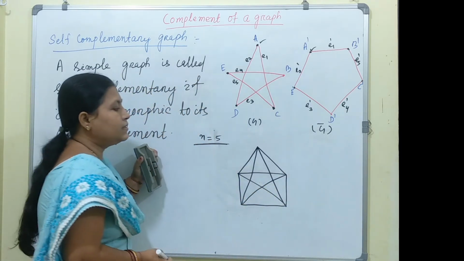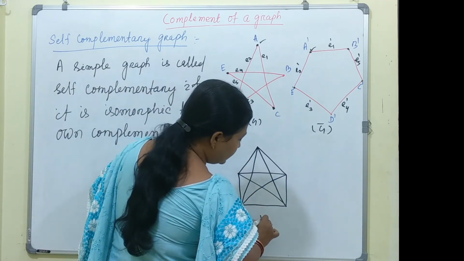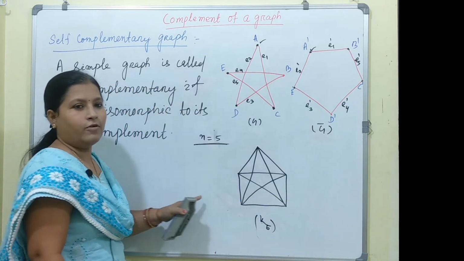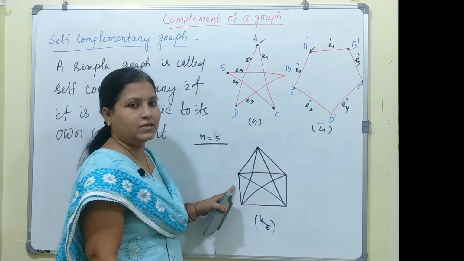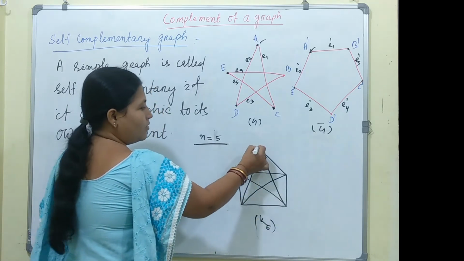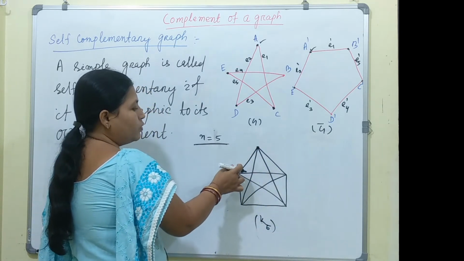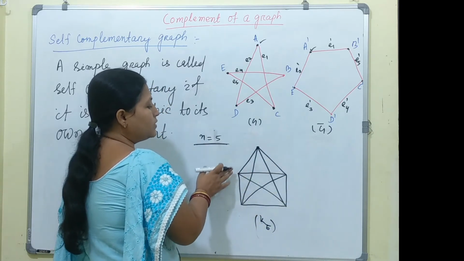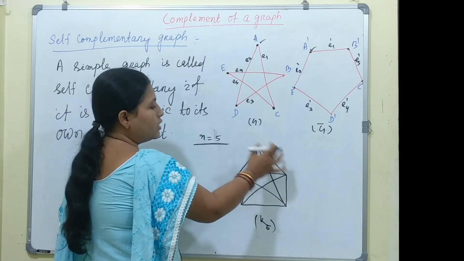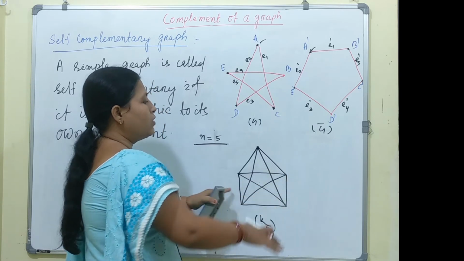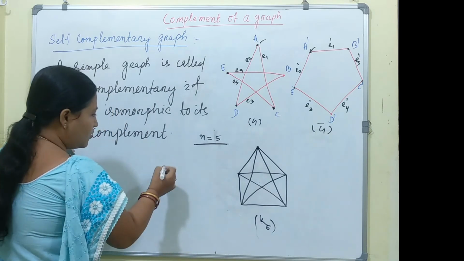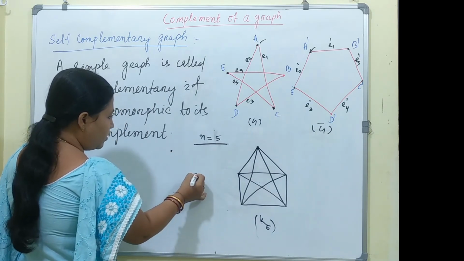This is a complete graph, K5, and we will find its complement. Each vertex is adjacent to the other 4 vertices, since in a complete graph one vertex is adjacent to the other n-1 vertices. So what is the complement of this graph?